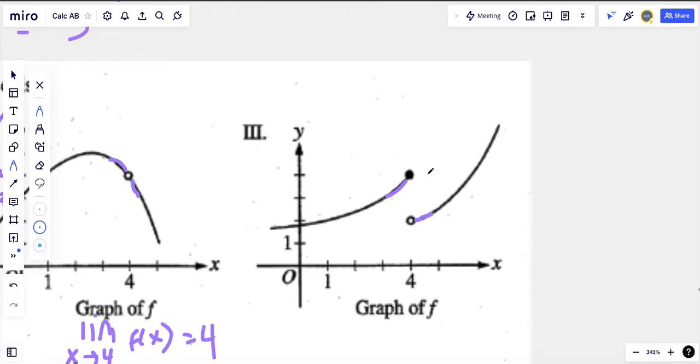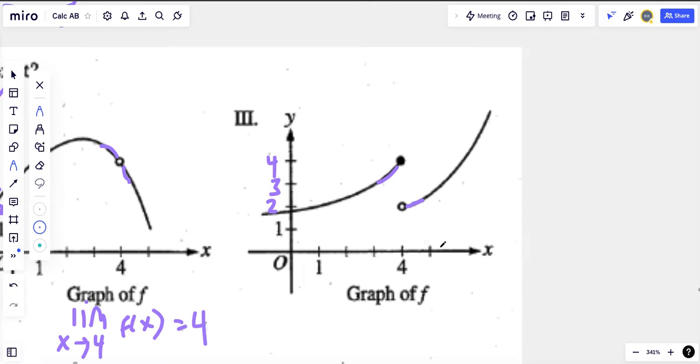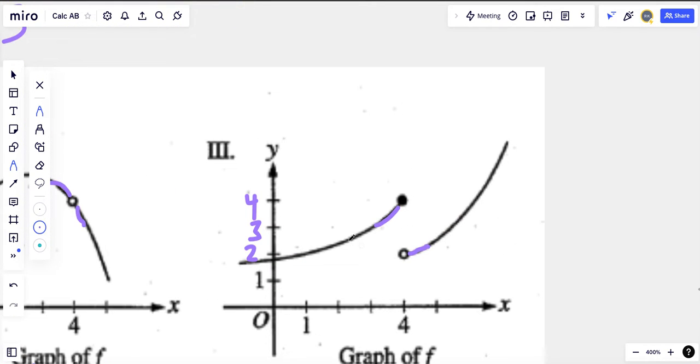Now you can immediately see that these two y values are different. This is 1, 2, 3, 4. And this is 1, 2. So the limit from the left of 4 is approaching 4, and the limit to the right of 4 of f of x is approaching 2.